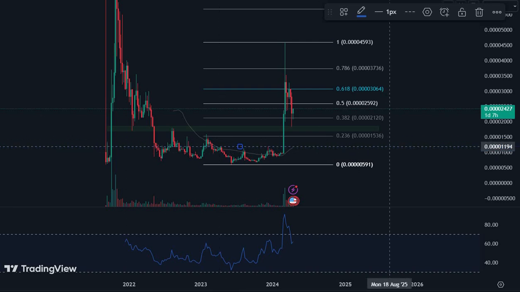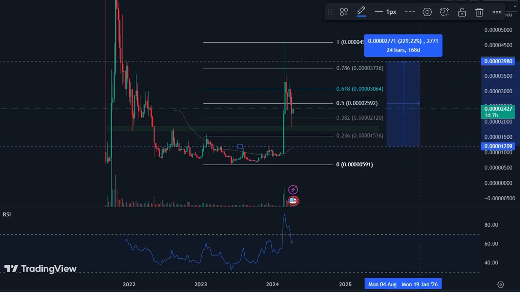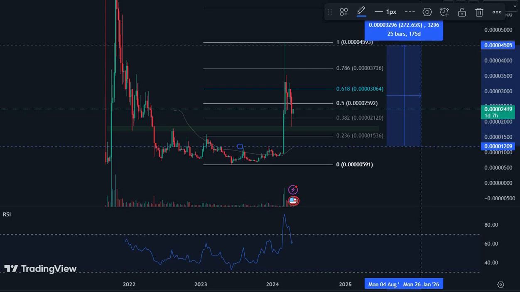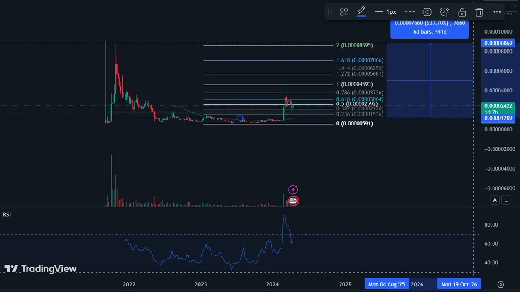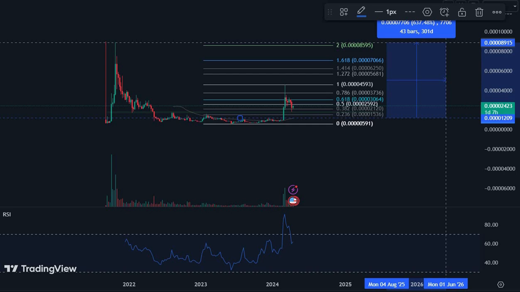So if we top to like 1200, only the local top here would give us 275% of profit, and all-time high would give us 600%.